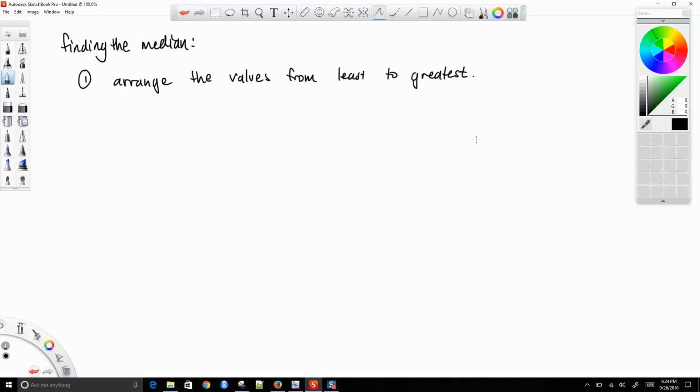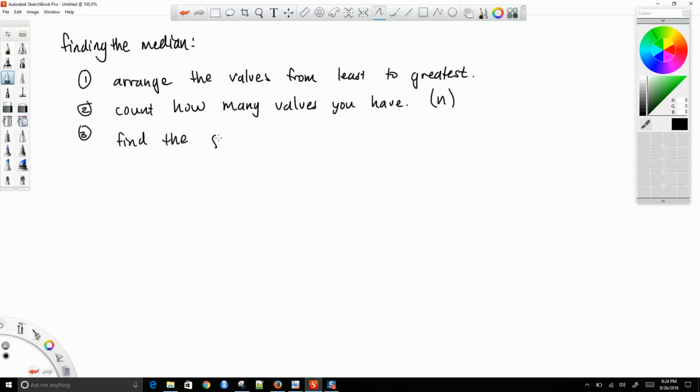Okay, and then count how many values you have. And that's going to be your n. Okay, n is how many values you have. And then find the spot where n over 2 are smaller and n over 2 are greater.